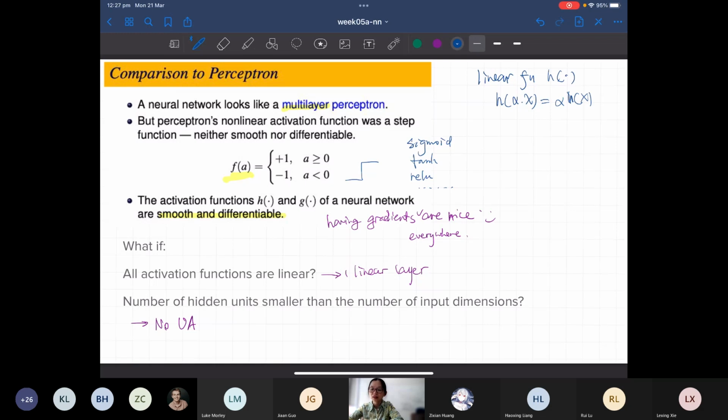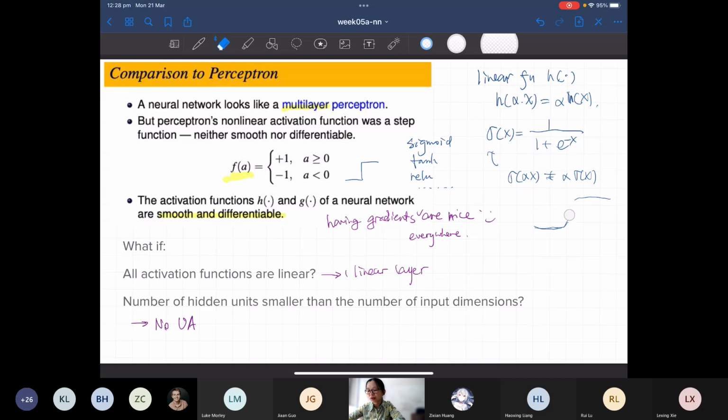So if we take, say, sigma of x equal to something like this, sigmoid, then we can easily verify that sigma of alpha x is not equal to alpha sigma of x, for any given alpha. Why is this important? Despite this, things like sigmoid do have this shape, and all of these turning points are smooth.